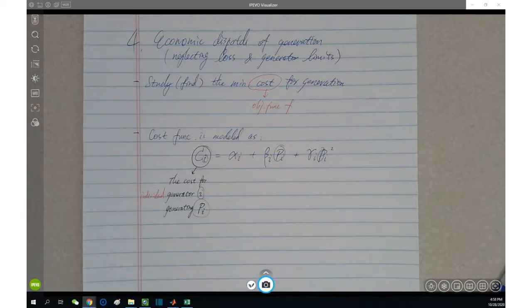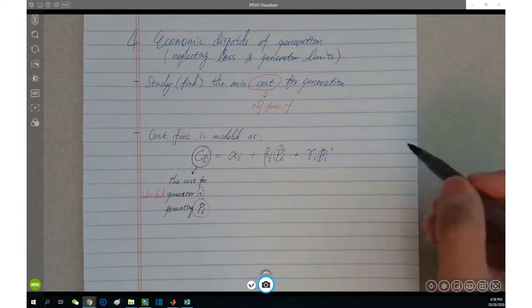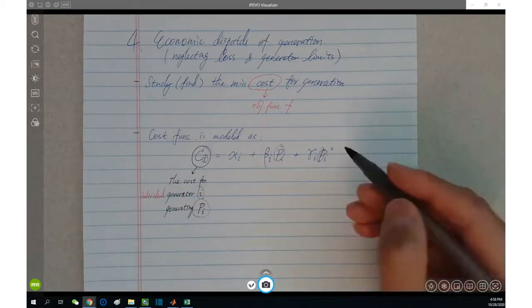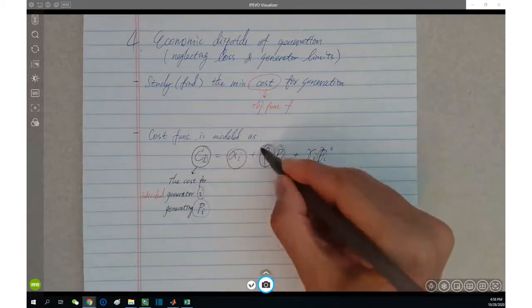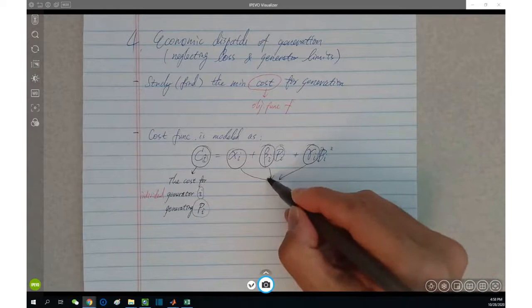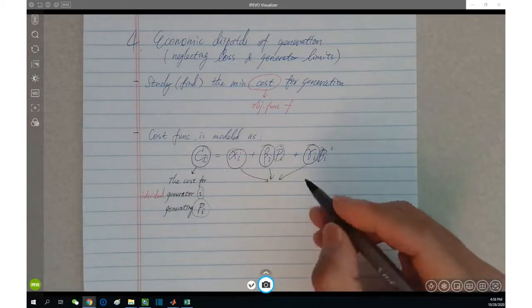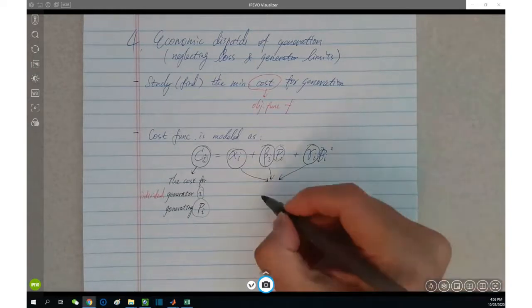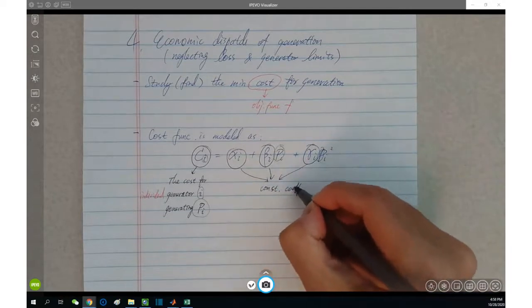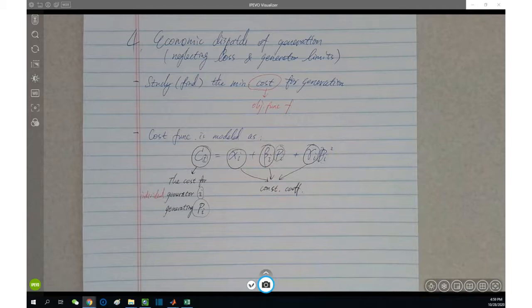Obviously, it's a quadratic equation of the power. And alpha i, beta i, gamma i are just constant coefficients, determined by your modeling.